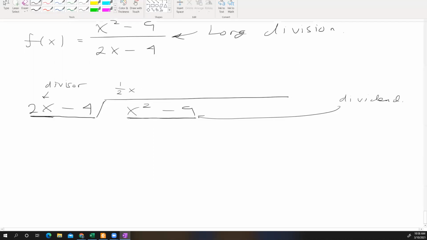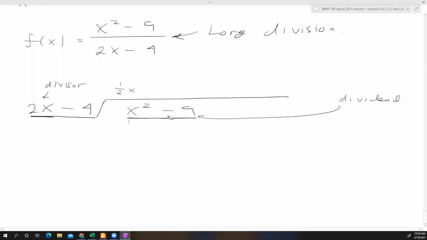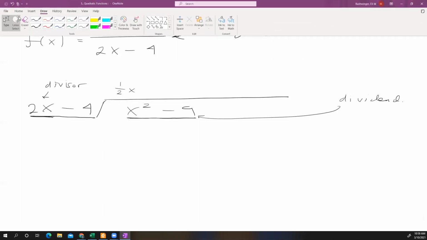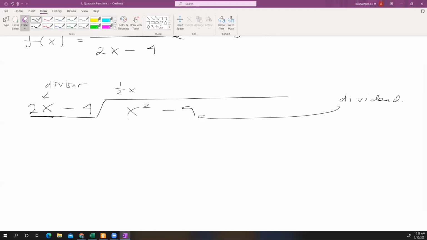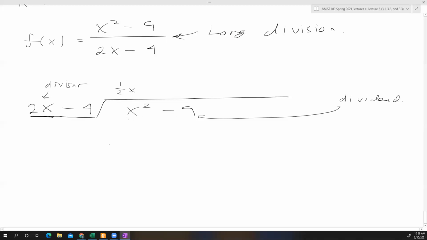So let me get rid of some of these lines so it's not confusing. Once you've identified that, you multiply the thing you determined by the divisor.